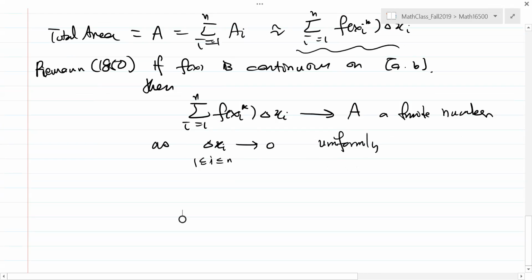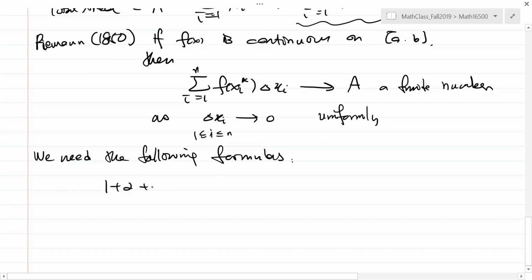All right, so let's check some examples. Before we do examples, I have to recall some formulas. We need the following formulas. The first formula is 1 plus 2 plus 3 all the way to n, which is n times n plus 1 divided by 2.